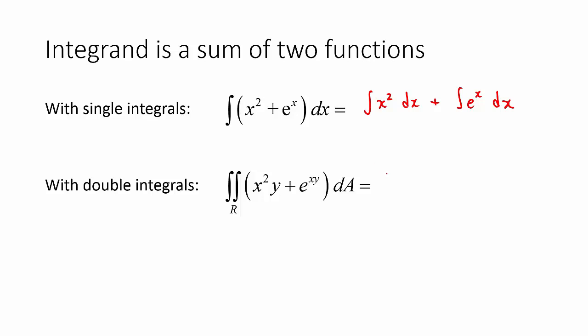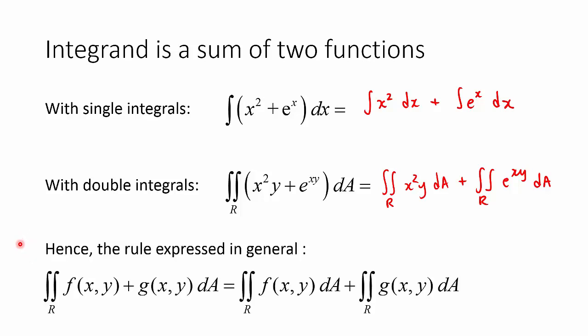You can write it as two separate double integrals, and evaluate them separately. Hence, this rule is expressed in general like this. A double integral of f plus g can be written as a double integral of f plus a double integral of g. Of course, notice that both double integrals are above the same region R.